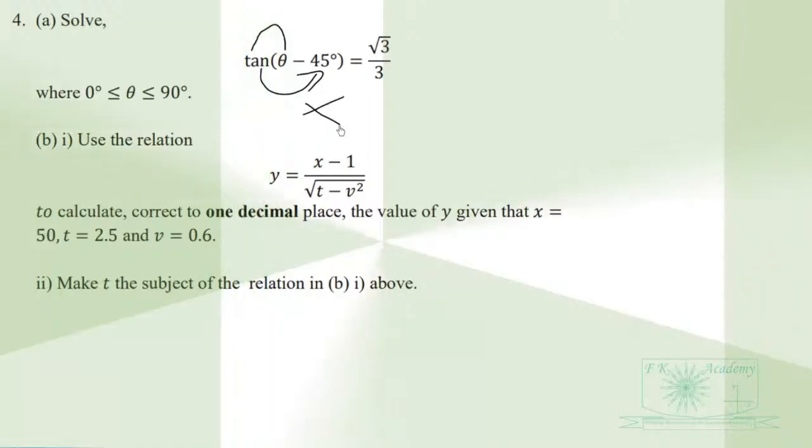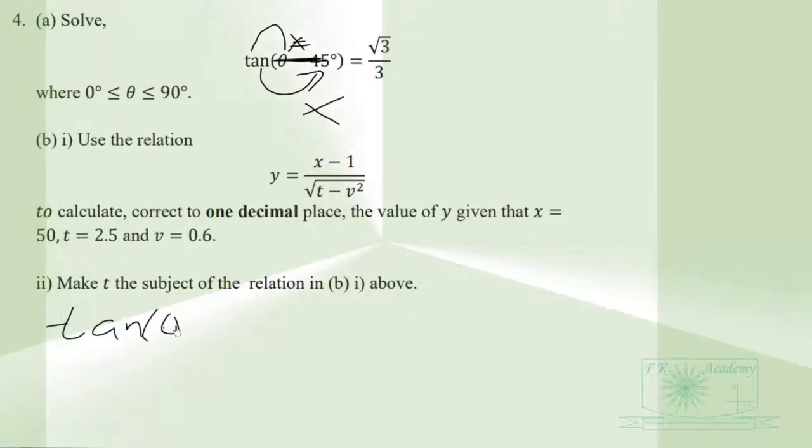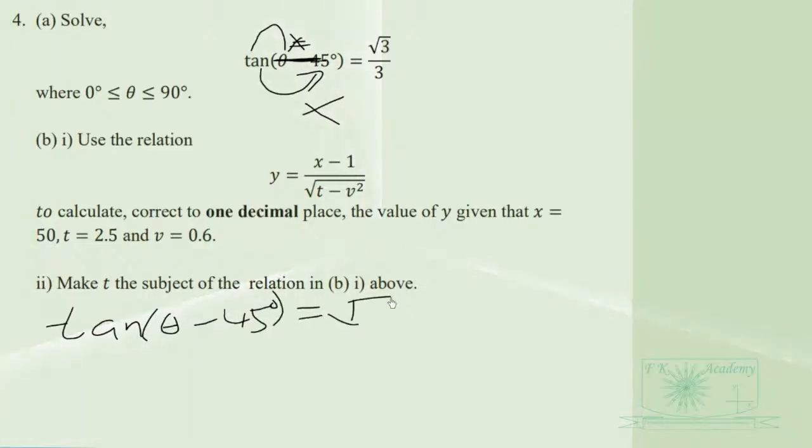So what you're going to do is just consider all these things here as one angle, let's say A. Then you take tan inverse of both sides. So the question is tan theta minus 45 degrees is equal to root 3 over 3.